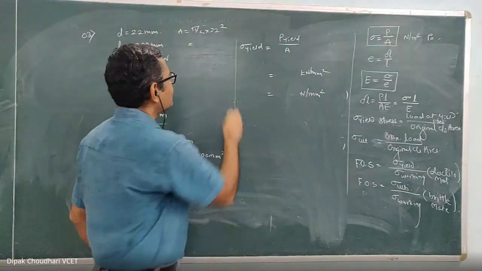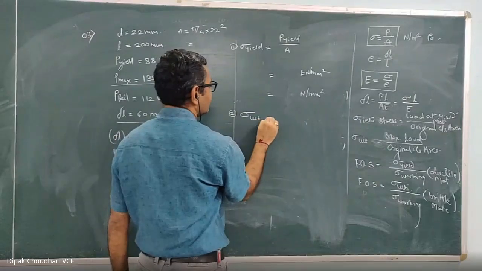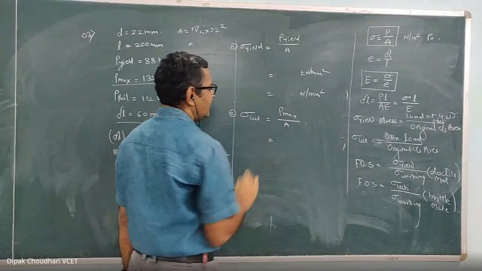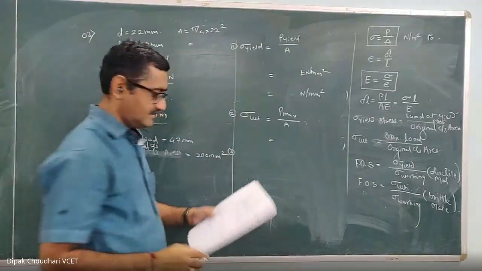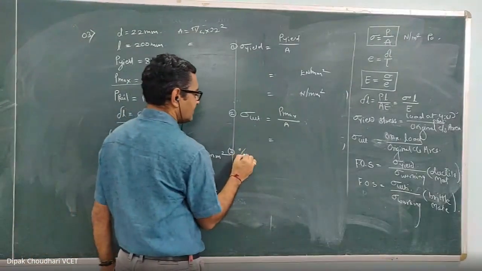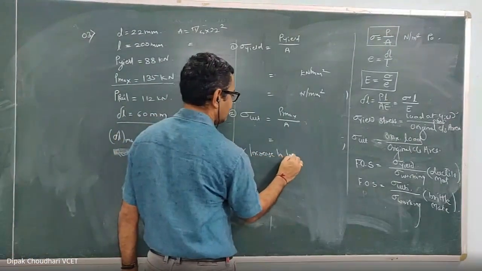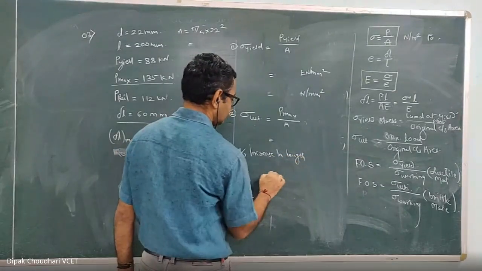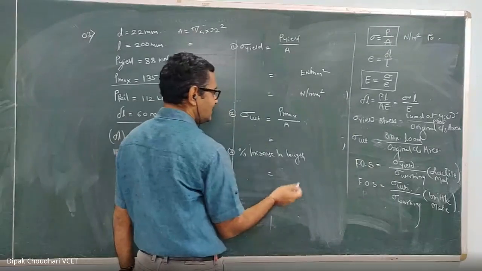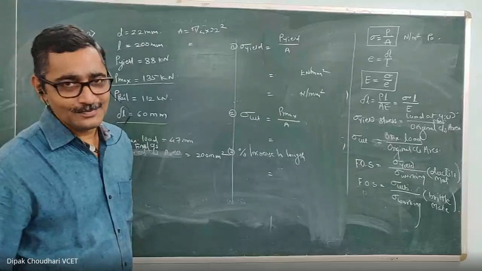Then second, ultimate stress. Ultimate stress equals the maximum load upon original cross-sectional area. Third one, percentage increase in length at the time of failure, which is equal to the change in length at the time of failure, that is final length minus initial length, upon initial length, into 100.